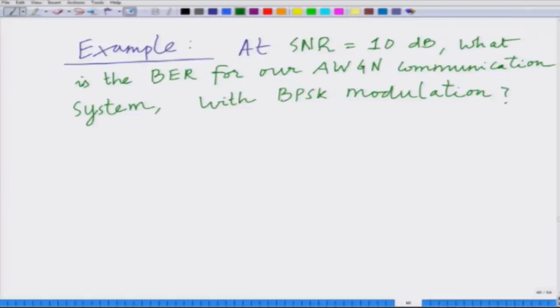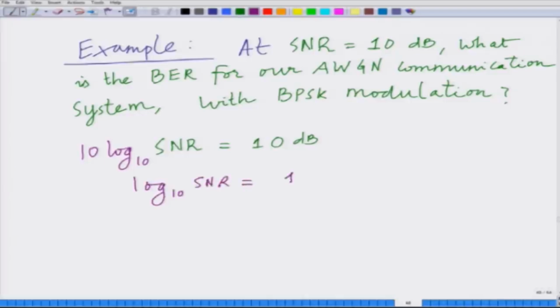With BPSK modulation, what we have seen is that at SNR equals 10 dB, which means that 10 log 10 SNR equals 10 dB, which means log 10 of SNR equals 1, which means SNR equals 10 to the power of 1, which is equal to 10.